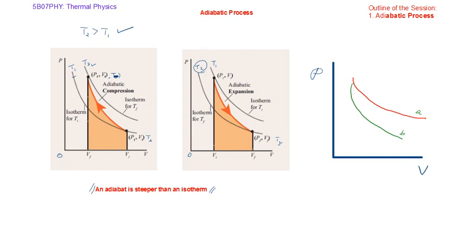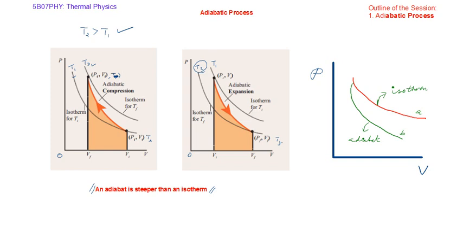So an adiabat will have a greater slope compared to an isotherm, or an adiabat will be a steeper curve compared to an isotherm. You can clearly see that graph B is steeper than graph A. So the steeper curve will be labeled as the adiabatic curve. So this is the adiabat, whereas the one having lesser slope will be the isotherm. So this is what we have to do. Is it not easy to identify the two curves?